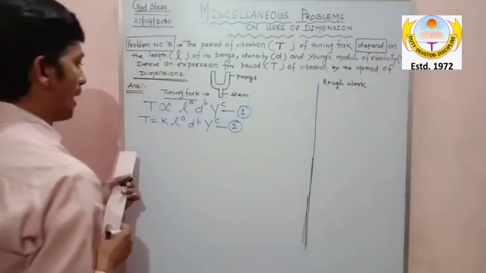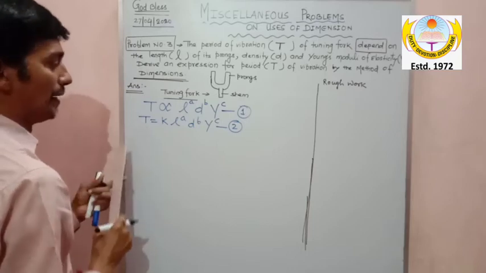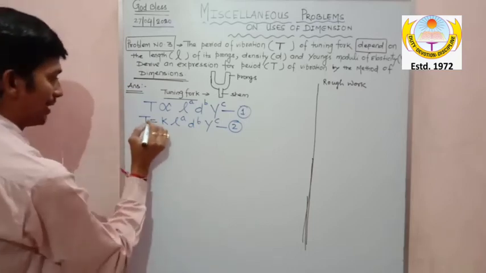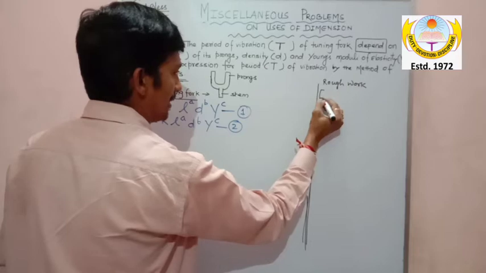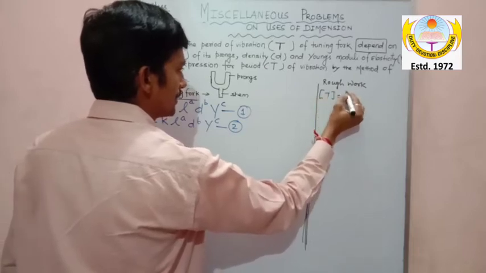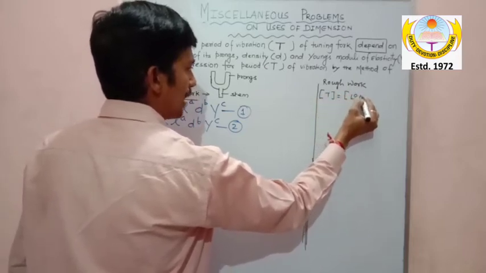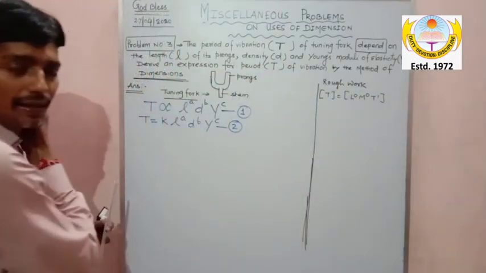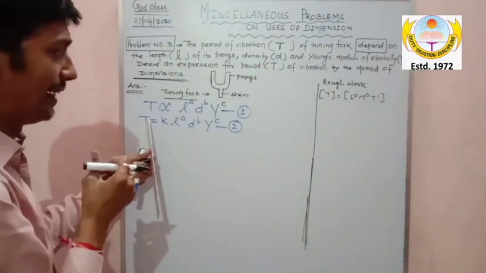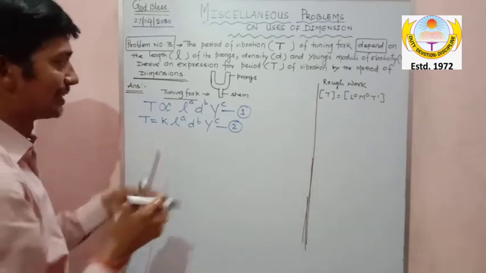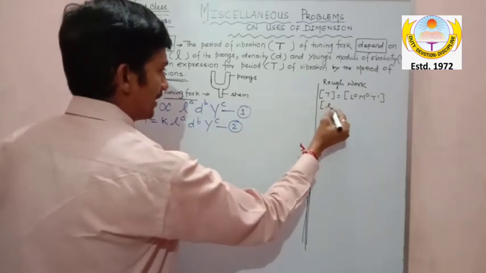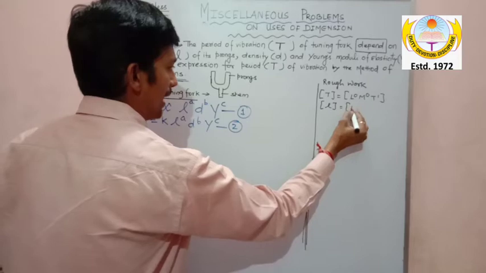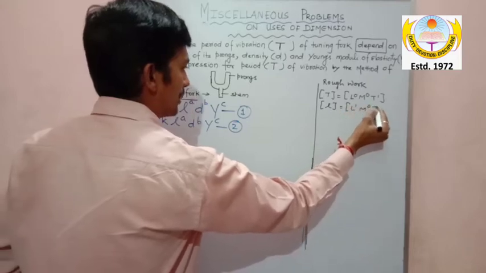The very first dimension is the dimension of time period. I hope it is clear, right? So the dimension of time period is nothing but L power 0, M power 0, T power 1. Time period is over. Next is length. The dimension for length will be L power 1, M power 0, T power 0.